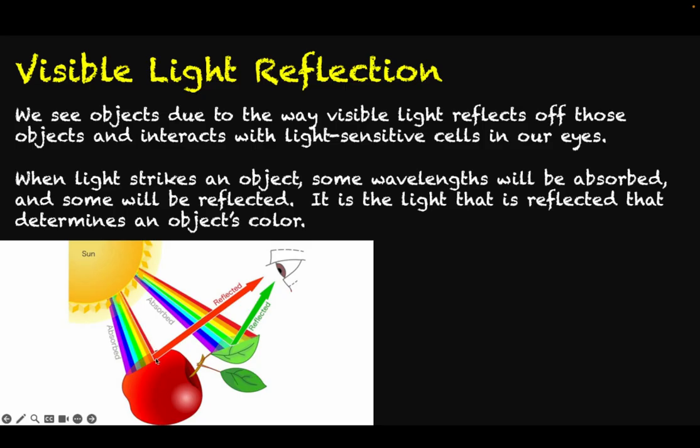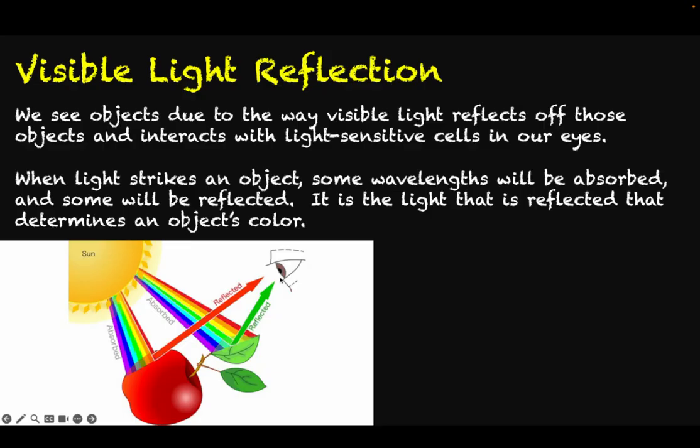So there's something about that long wavelength of the red variety that is not absorbed by the pigment in the apple and instead gets reflected. The same thing applies to the green skin of the leaf. It's going to absorb every wavelength of the visible light spectrum except the green. That gets reflected.